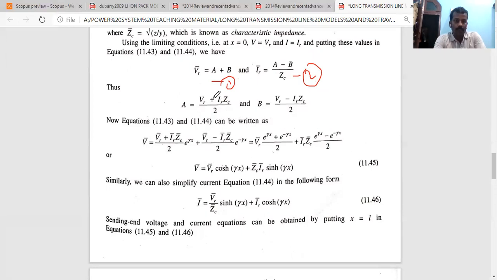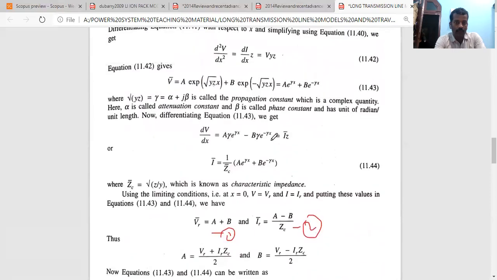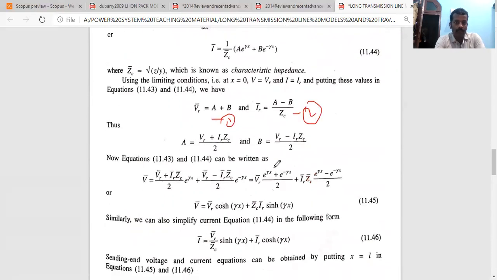Now putting the values of these constants in equation 11.41, and after solving, it will be like this: e to the power gamma x plus e to the power minus gamma x by 2, plus e to the power gamma x minus e to the power minus gamma x by 2.